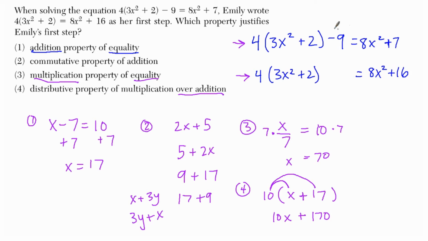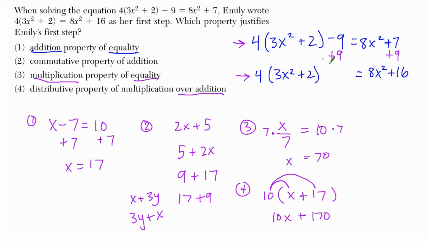So what happened? We know that the 7 became a 16, and that happens if you add 9 to it, and the minus 9 becomes nothing. How do you get nothing from minus 9? If you add 9 to negative 9, you get 0. So we added 9 to give us 0, and we don't have to write plus 0. We also added 9 to this side to give us 16.